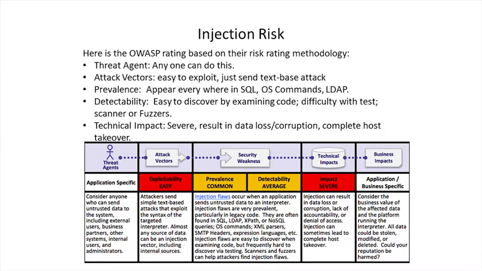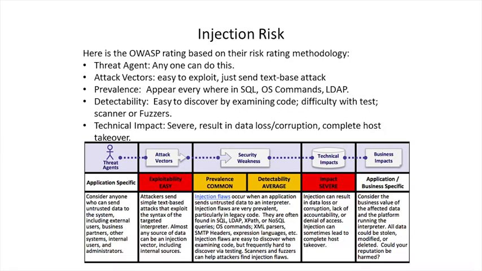The next criteria is technical impact, and that is as severe. And the reason is, once you can enter the command, in a way you can hijack the machines, and with a traversal, ls, and cat, you can actually steal the data from the website.